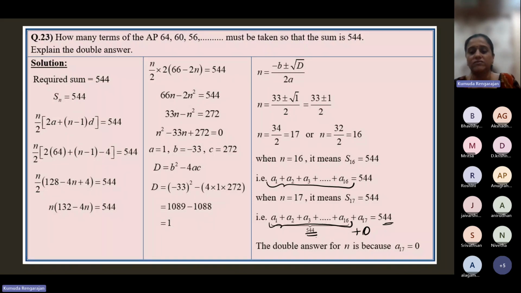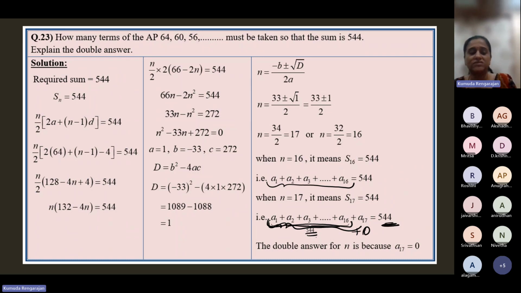So the double answer for n is because the 17th term is 0. The value of the 17th term is 0. Because from the first term to the 16th term, the sum is 544, and the answer is 544 only.